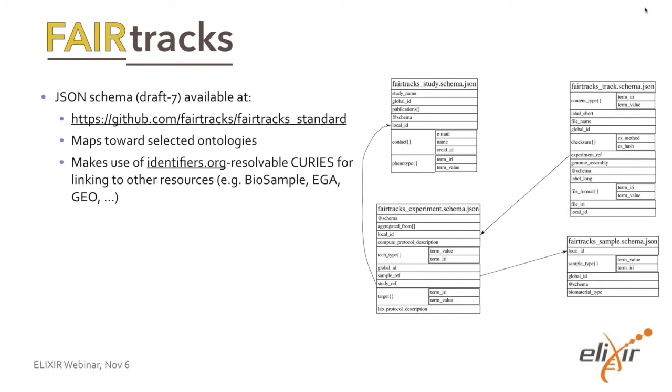So as I mentioned, this is a JSON schema. It maps towards different ontologies and makes use of identifiers.org resolvable queries. There are 4 main parts of the FAIRtracks standard: studies, experiments, samples, and tracks.